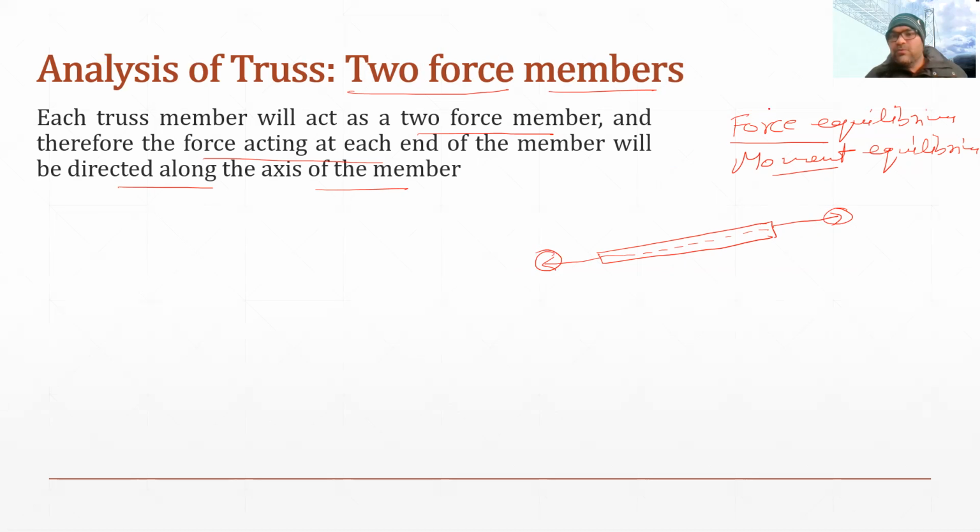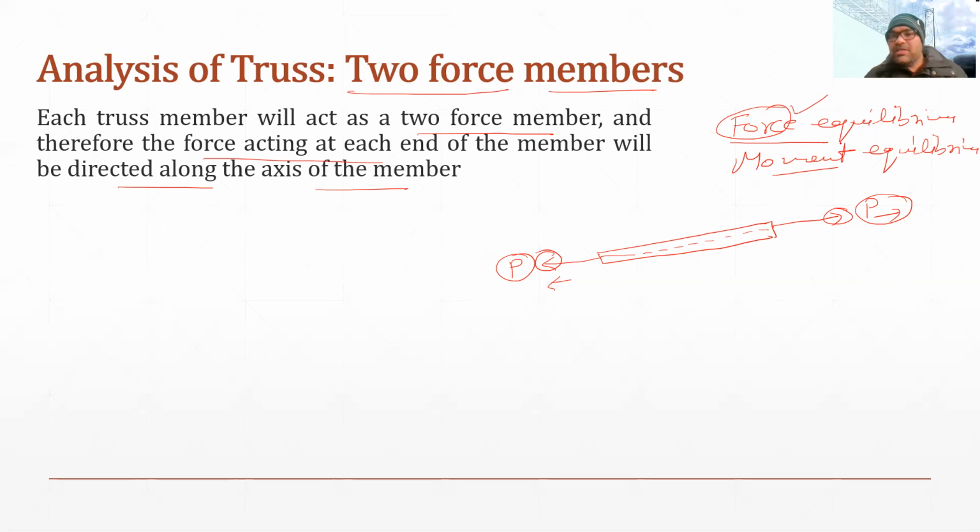To have force equilibrium, both of these forces should be of the same magnitude and in the opposite direction. Then only force equilibrium can be set up. Because if this force is along this direction, then to negate this force, we should have a force in the opposite direction with the same magnitude. So that is the first condition of a two force member.